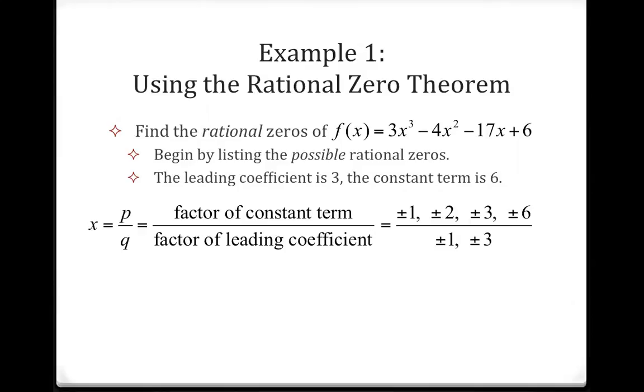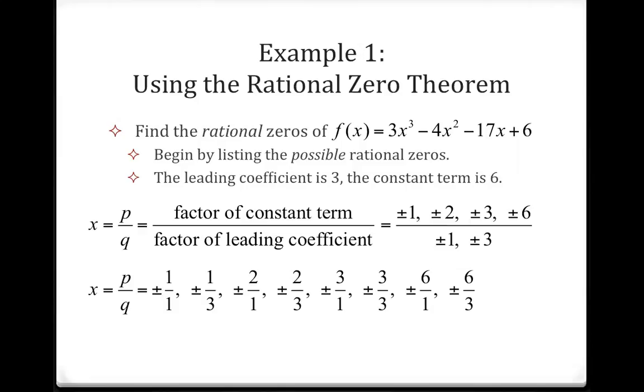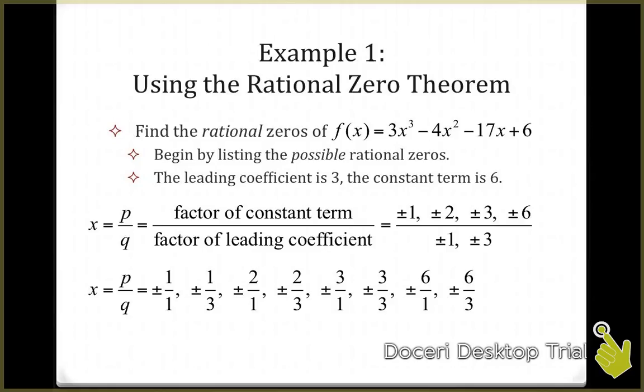Now, in order to set up the list of all of the possibilities for P over Q, we are literally going to take every combination of factor from the constant over factor from the leading coefficient. So you can see here that I can start out by taking 1 over 1, and that's right here.